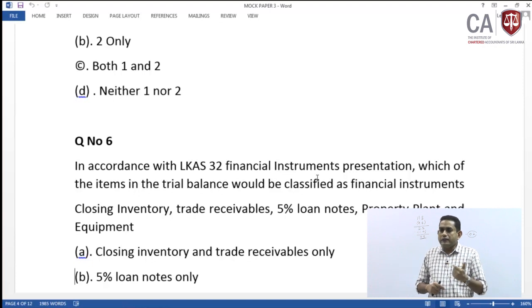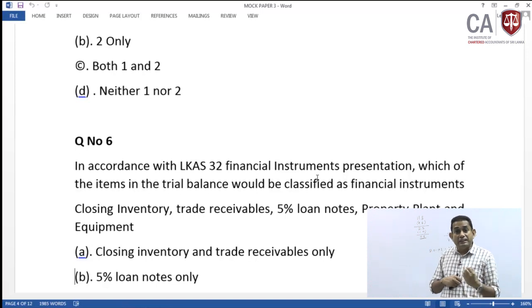But the little knowledge you have now will be adequate to answer this particular question, to identify the financial instruments. When it says financial instrument, that is like a collective noun. You should include assets and liabilities both together. Closing inventory is not a financial asset. If you apply all 6 definitions of financial assets, it is not a financial asset.